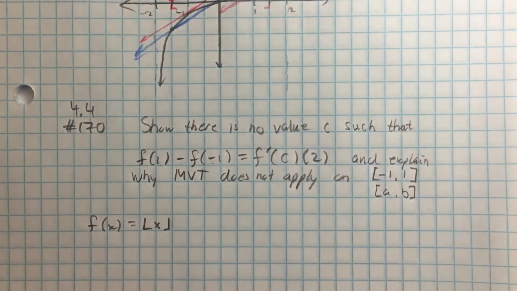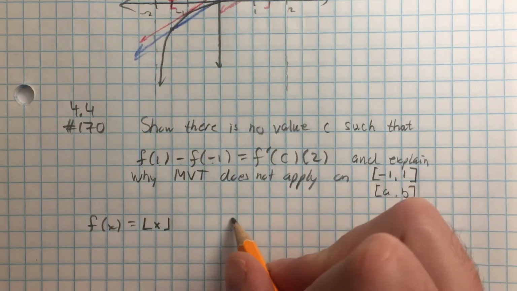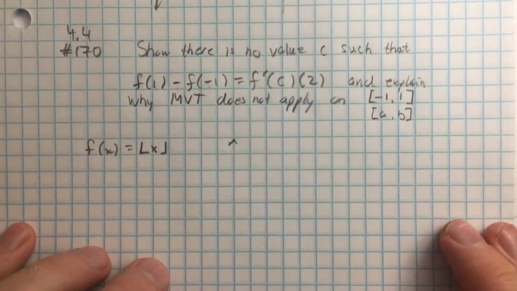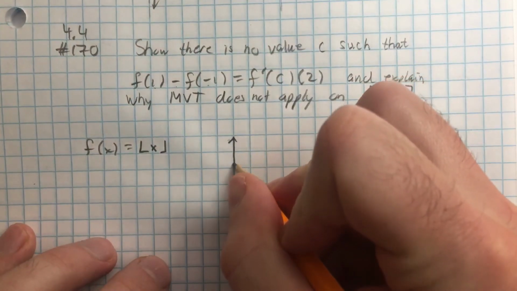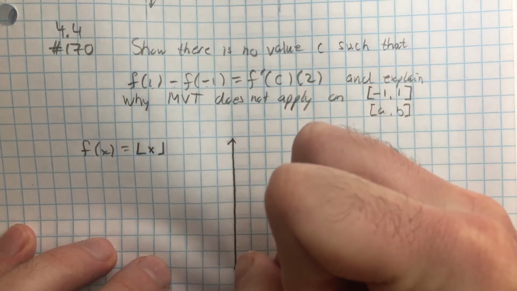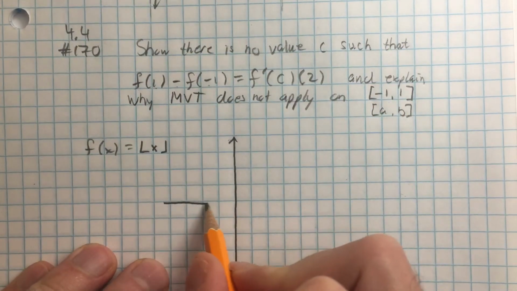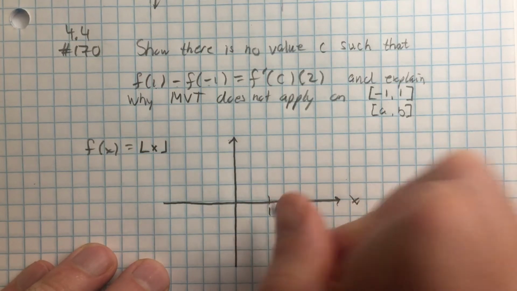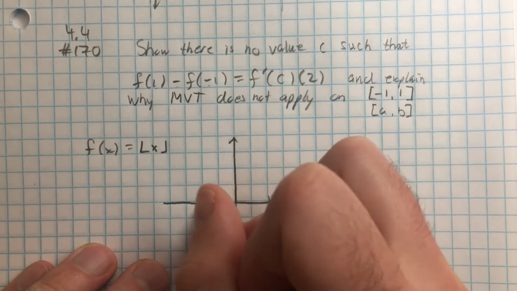Now, let us quickly graph part of this and show why the mean value theorem will not apply. All right, there's 1, 0, negative 1.